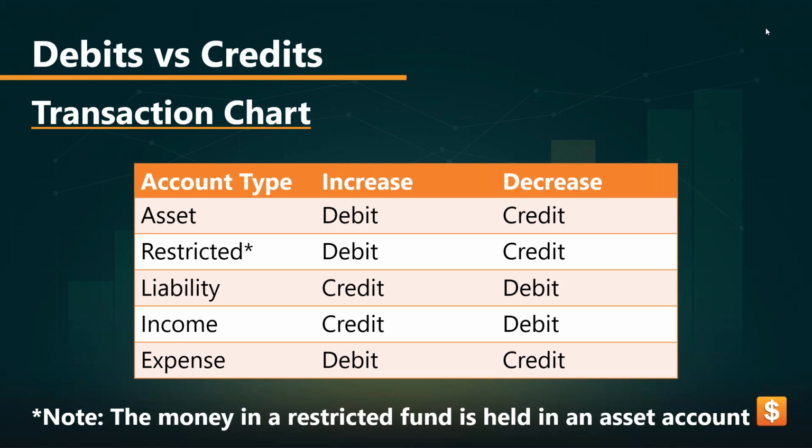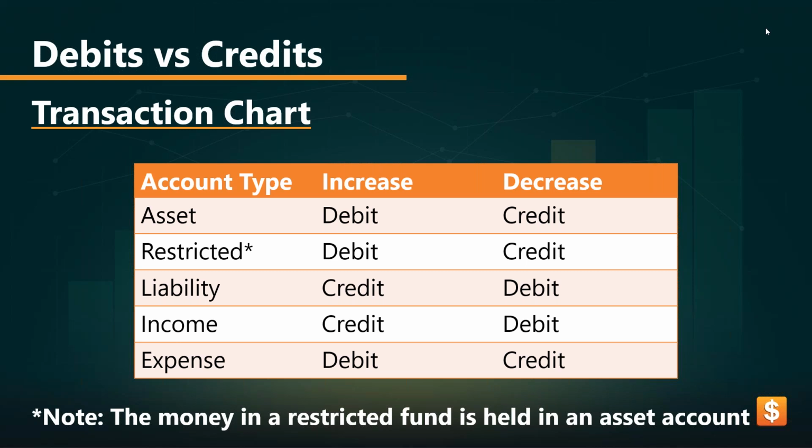So if you thought of the asset account as a pie, there's going to be the restricted part, and then there's going to be an unrestricted part. So it's not really an IOU. It doesn't act like a liability or an equity. It just acts more like an asset as far as debits and credits are concerned. And for that reason, it most likely can use its own offset account as opposed to having to use the overall asset account.